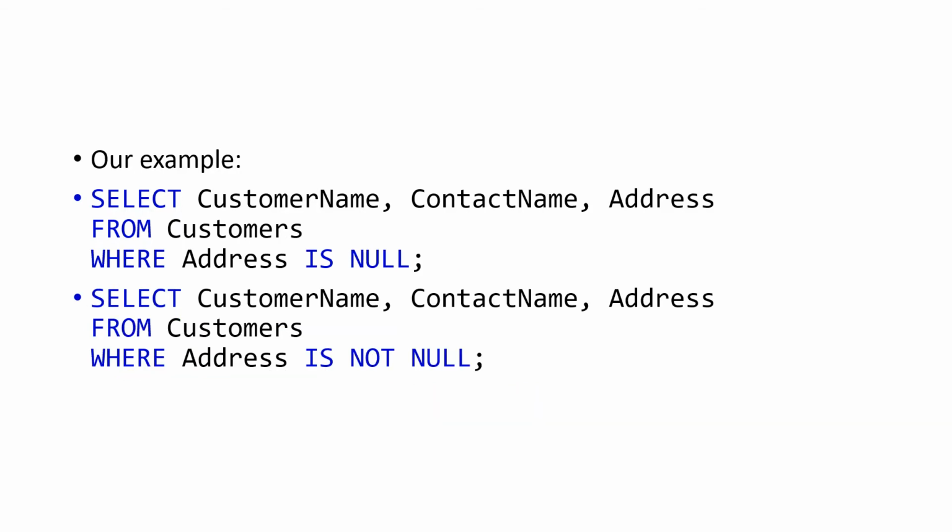In our example, we can put select customer name, contact name, address from customers table where address is not null. So you can make any condition on the basis of null values using these NULL and NOT NULL operators.